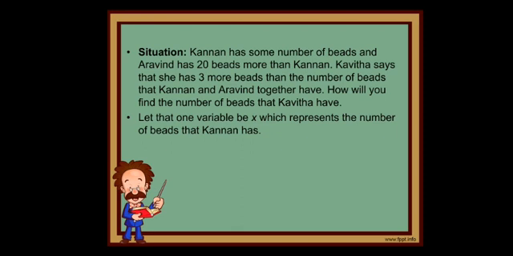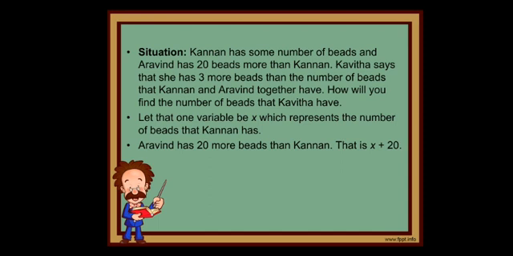So if we take x as the number of beats that Kannan has, then Aravind has 20 beats more than Kannan. That is x plus 20. So Aravind has x plus 20 beats. So what will be the number of beats that Kavita has? It is 3 more than Kannan and Aravind together have. How much do Kannan and Aravind together have?